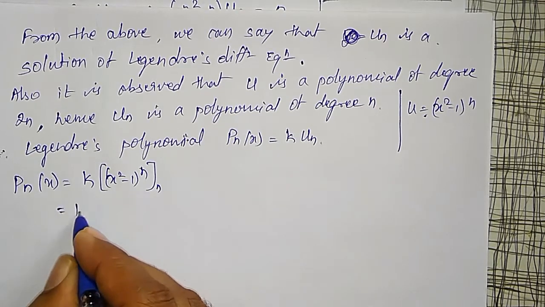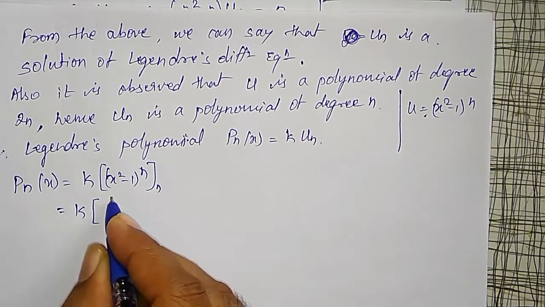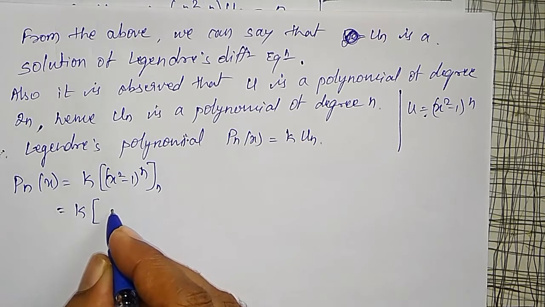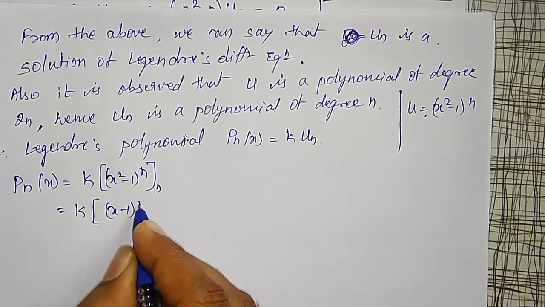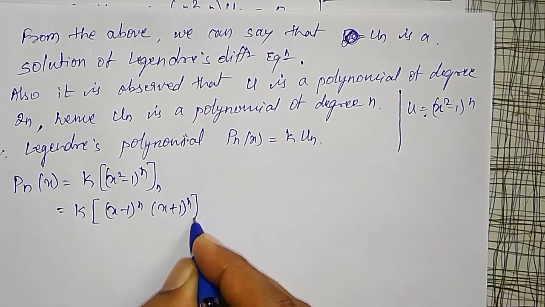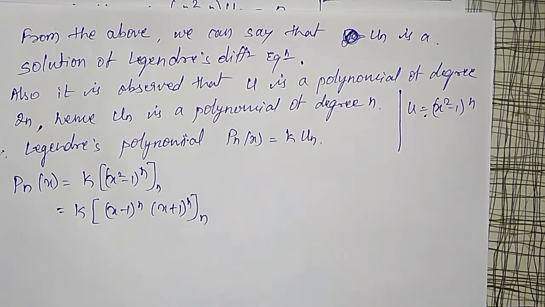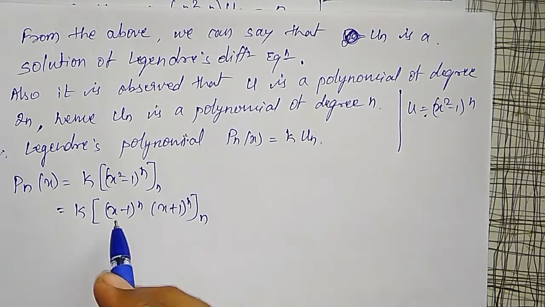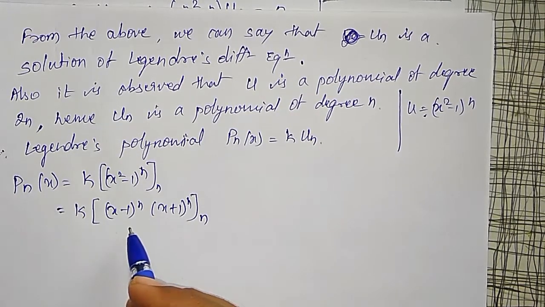I can write it as k into the nth derivative of (x minus 1) raised to n times (x plus 1) raised to n. To find the nth derivative of the product of two terms, let me apply Leibniz rule on the RHS.